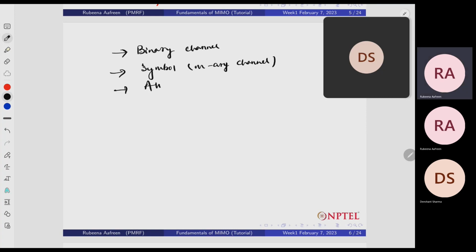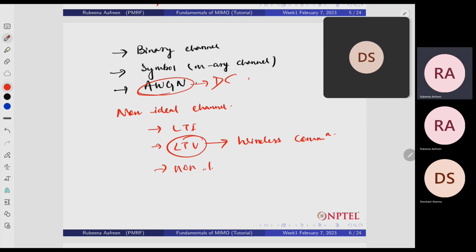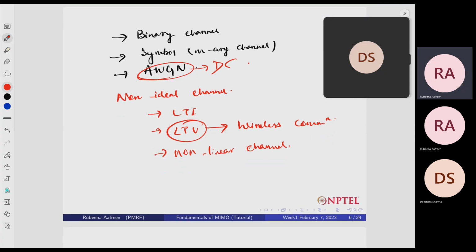Then there will be the AWGN channel, which we have already studied in digital communication. Then some channels are non-ideal channels, and some are LTI channels. There are linear time-variant channels, which are mostly used in wireless communication. Then there are non-linear channels. So I think this much basically describes what is being taught in the week one lectures.